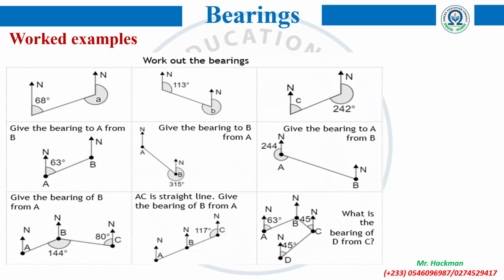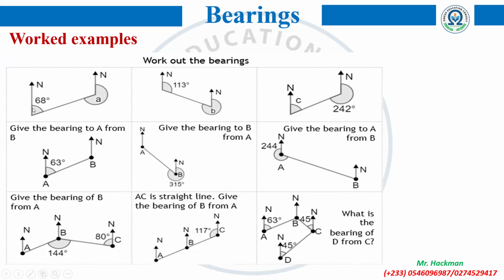All right, so we need to work out the bearing that we have there. I think maybe you do 1 or 2, the rest you go and try. With this one, the same way, this is 68. If you look at this, I can confidently see back bearing in play.